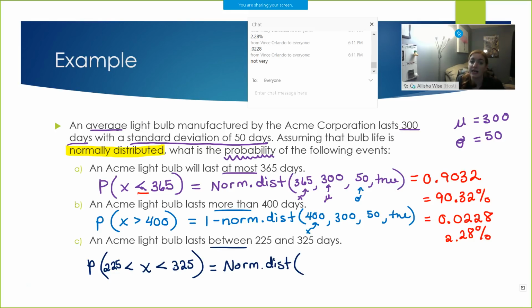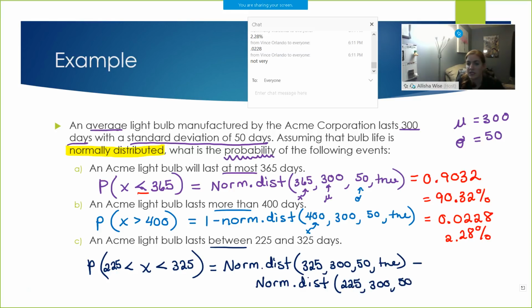So my larger X value is 325. And I use the same mean and standard deviation that I have been using. And I just subtract the norm.dist of the smaller number. So the smaller number is 225, 350, and true. Okay.